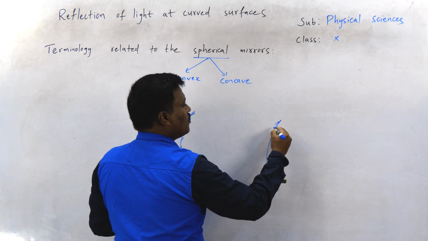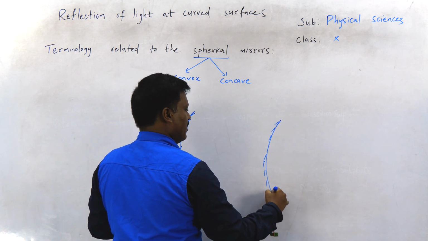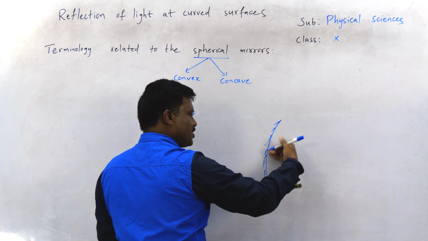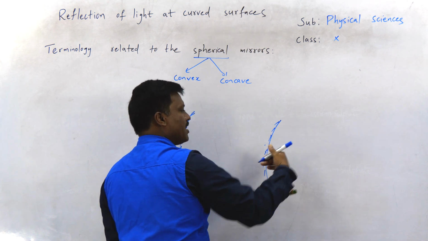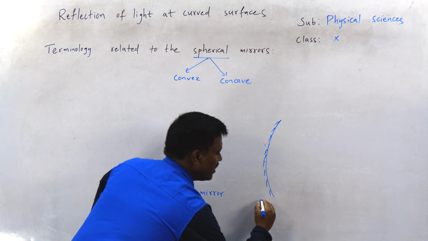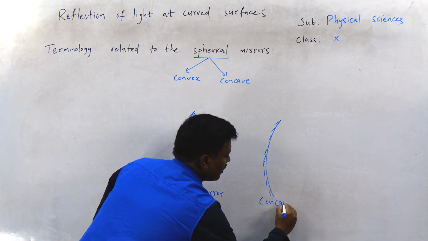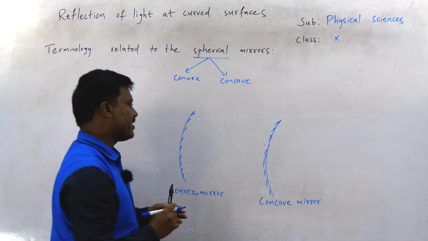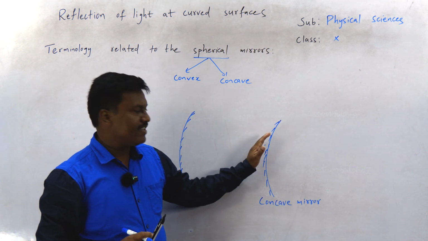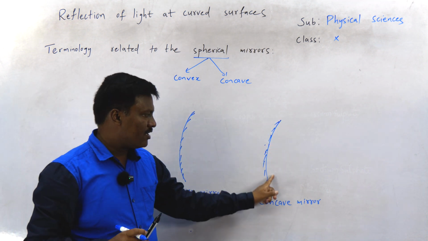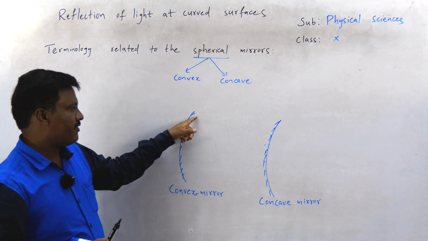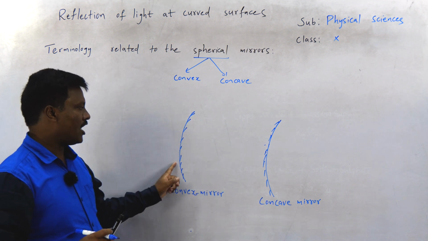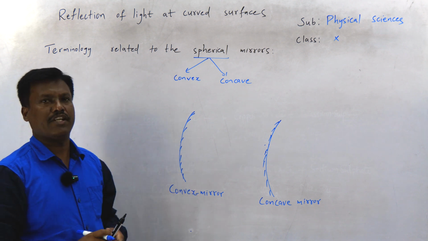When the outward surface is silvered, then the inner part, the part of the spherical mirror which bends inwards, acts like a mirror. This is called a concave mirror. The surface which acts like a mirror and bends inwards is concave. The surface which acts like a mirror and bends outwards is called convex mirror.